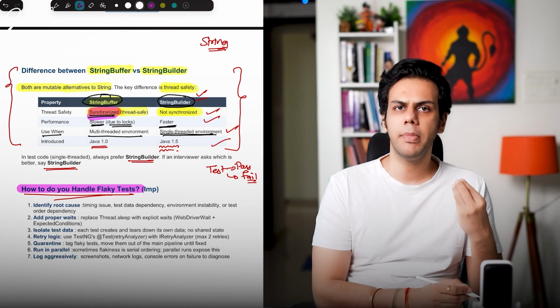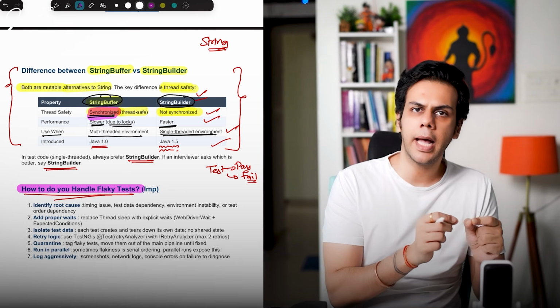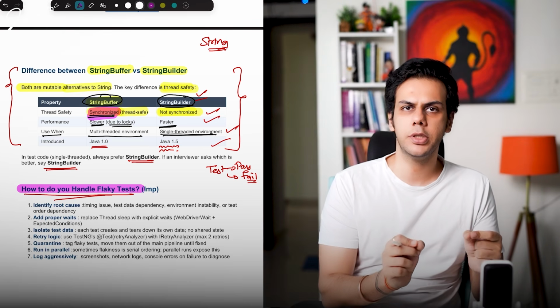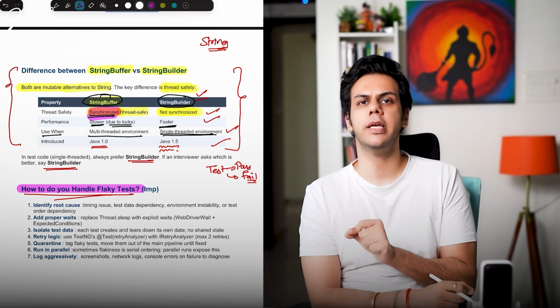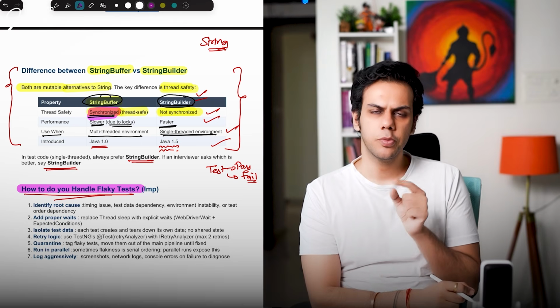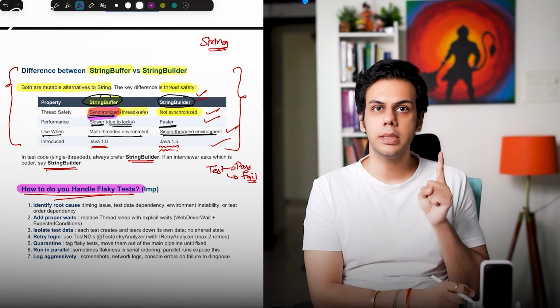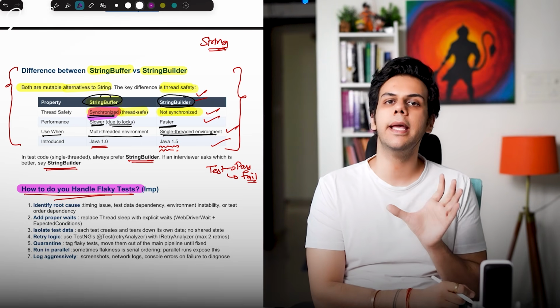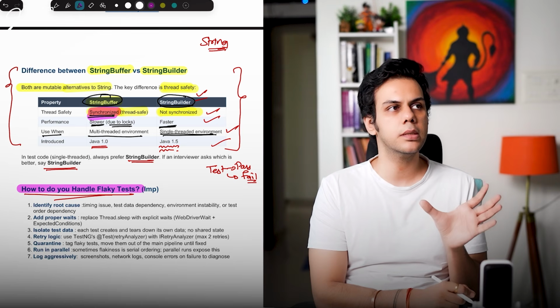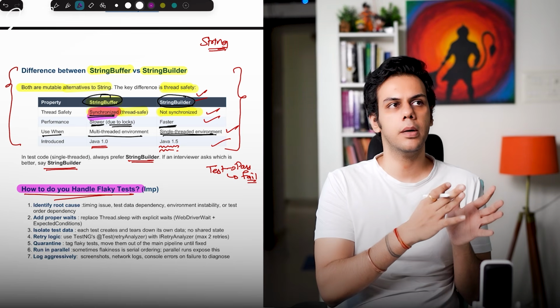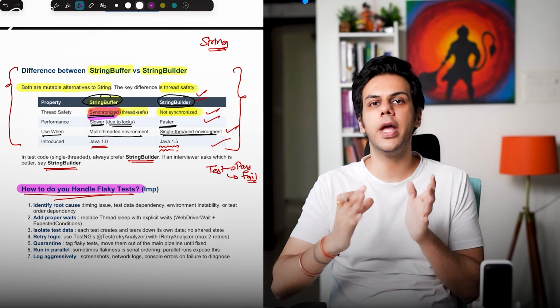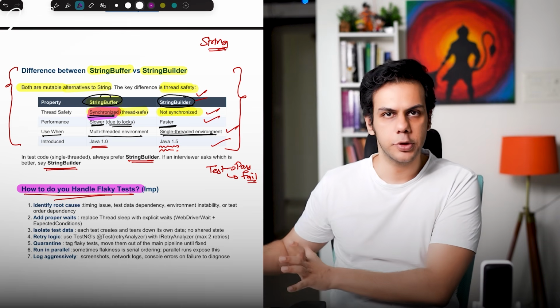So you need to remember some of the scenarios of your application where you have observed flakiness. Please remember the scenarios, and whenever you are answering any question, you should always come up with a story where you have seen it in your project.